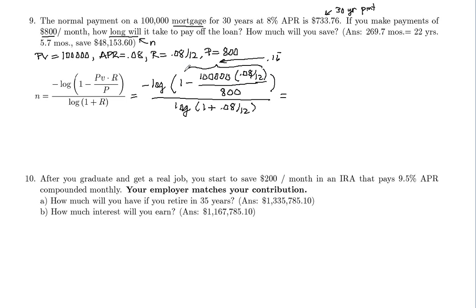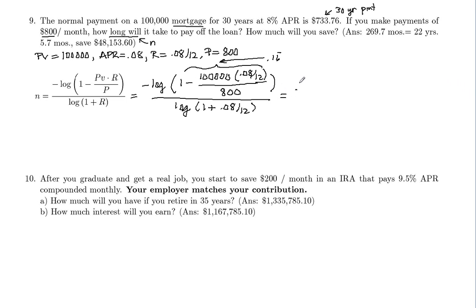Now, if you still have that in your display, it depends on what kind of calculator you've got. You can either hit the log key and it'll give you an answer, or you can do log and then press the answer key and it'll take the log of the answer. And then hit your plus or minus key, or if you've got a grapher, put a minus out in front.